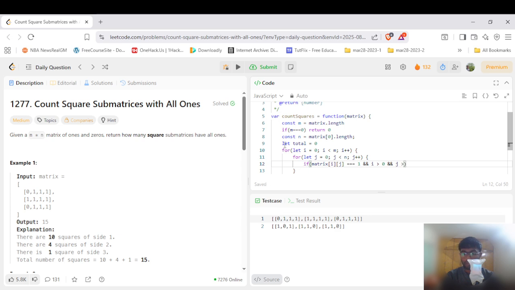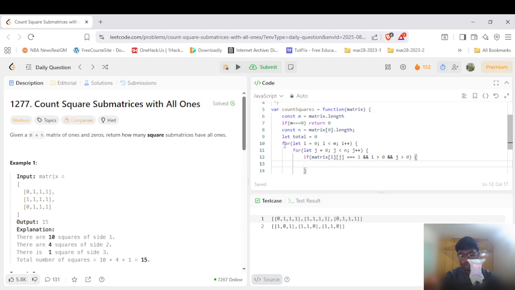Once we are past the zeroth row, then we can start computing the matrix for diagonal elements, or if it is a 2 cross 2 all ones matrix. So that's where this check is happening.